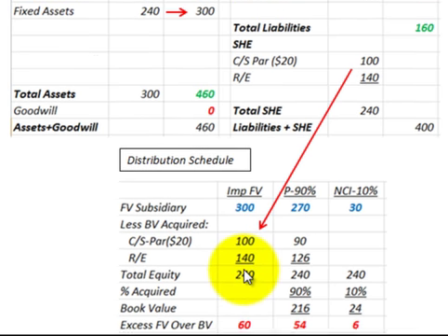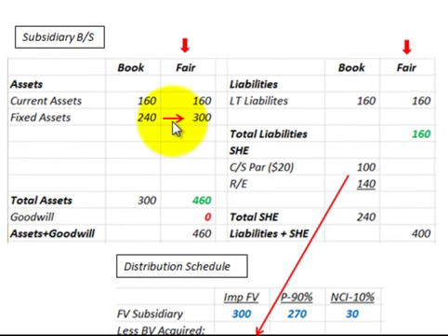That was the difference between the fair value of the subsidiary and its total equity at book value. And going up to our balance sheet, what that would be accounting for is the difference between the book value and the fair value for our asset and liability accounts. So if we had an increase between the book value and the fair value for a particular account, we'd have to increase that account, and if we had a decrease, we'd have to adjust that account down.